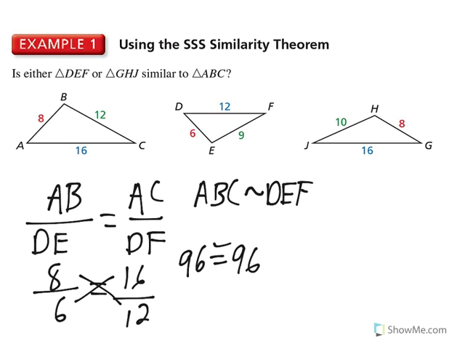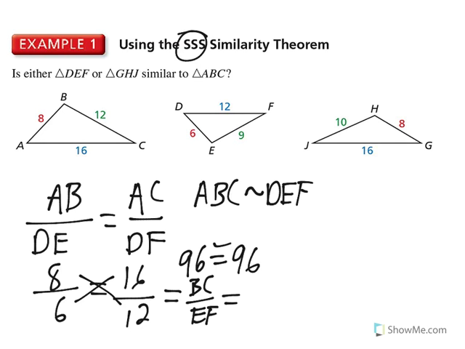The only other thing you might need to check, just to make sure, since we don't have an angle, we do have to do all the sides. So let's do one more side, the last one, BC compared to EF, and see if it would give us equal ratios as well. Because think about if we only did two sides, that doesn't follow the SSS similarity theorem, right? Okay, so we need to do the one last one.